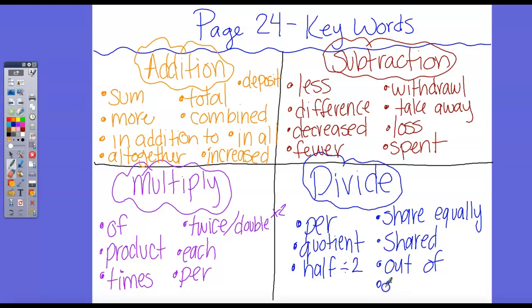Sticking along with that, average. We divide it by the number of points, or the average score. You add them all up and divide by the total number of students. And then the last one I have is goes into.